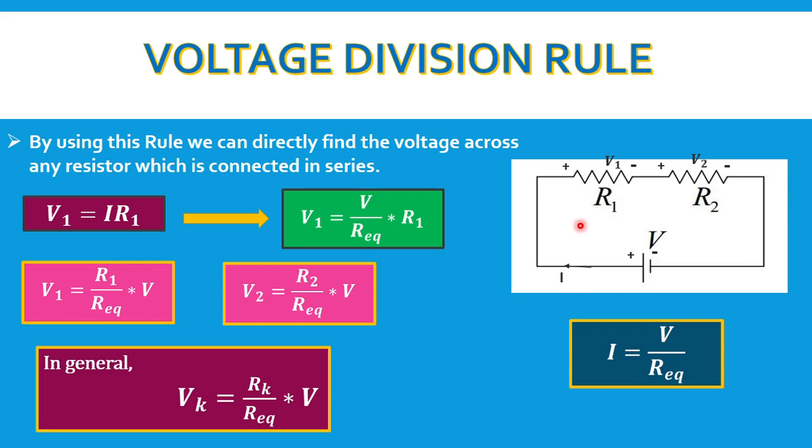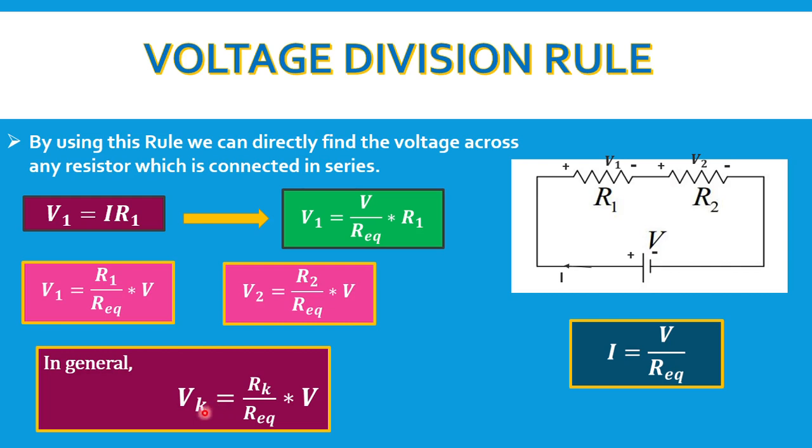In any network or circuit, if there is a series connection and the voltage and the combination of resistors are given, we can find the voltage across any resistor.